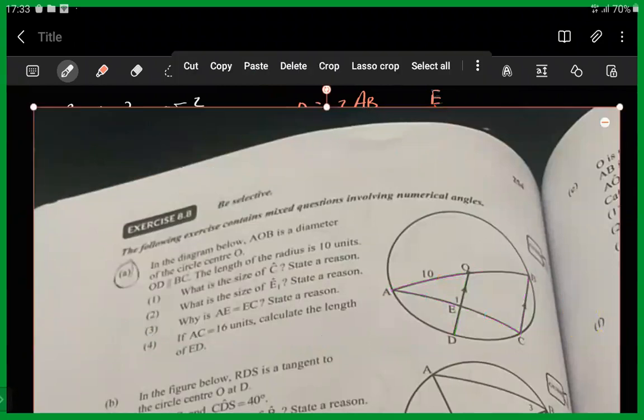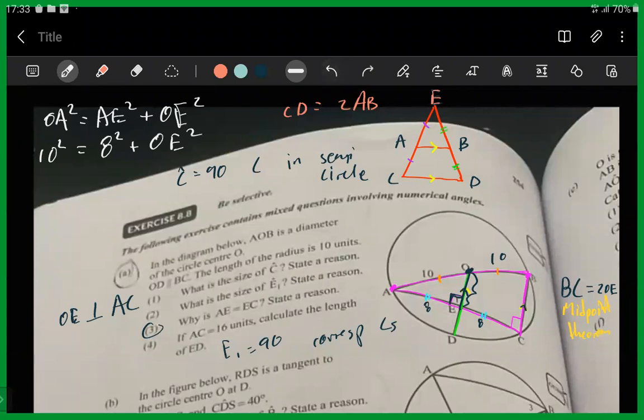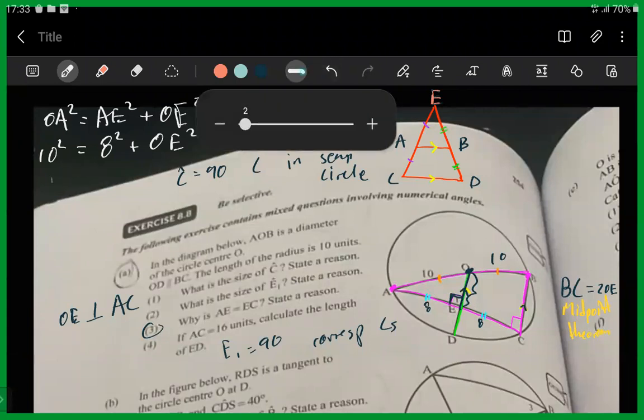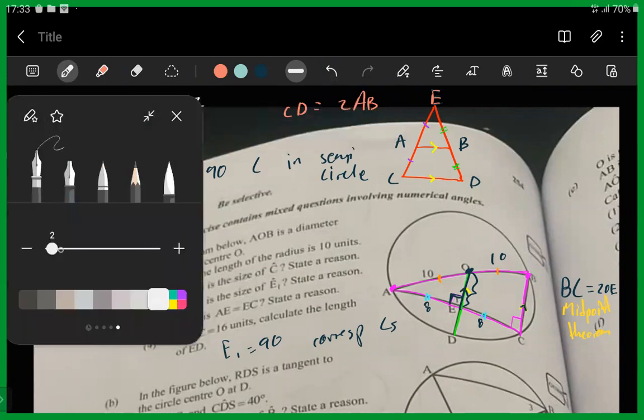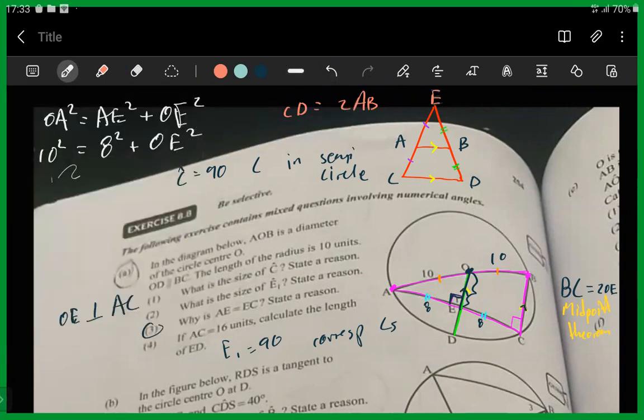This is going to be 100 minus 64 equal to OE squared. If you square root both sides, let's see what we get. 100 minus 64 is going to give us 36. So the square root of 36 is just 6.